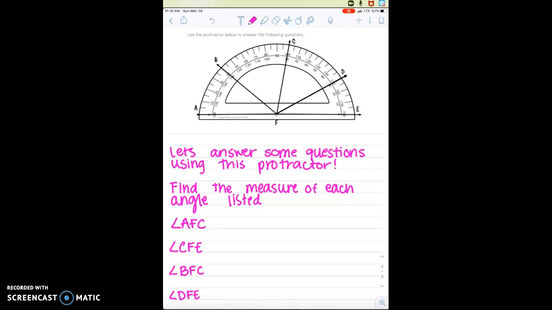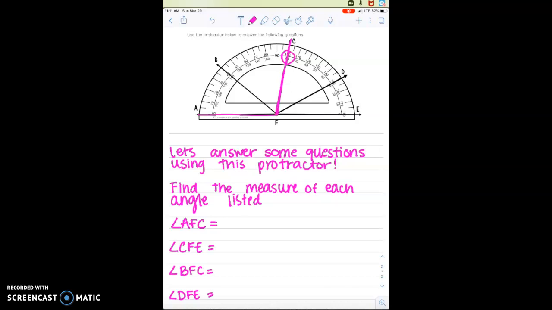And then while you're doing this, oh, sorry. Before we do that, I'm going to show you how I'm going to do one with you. So I'm going to solve for angle AFC.